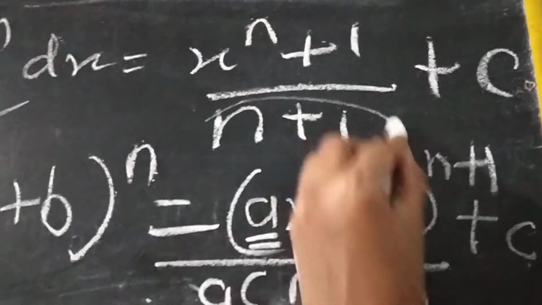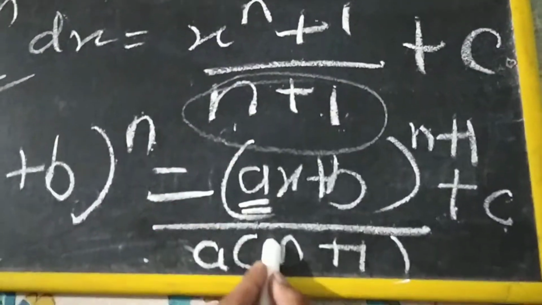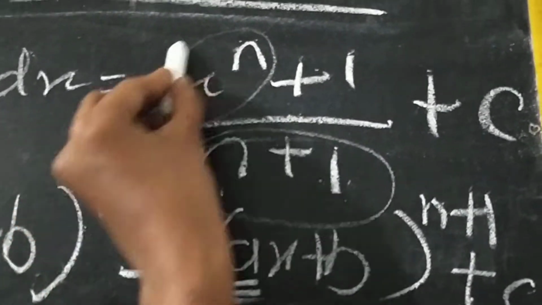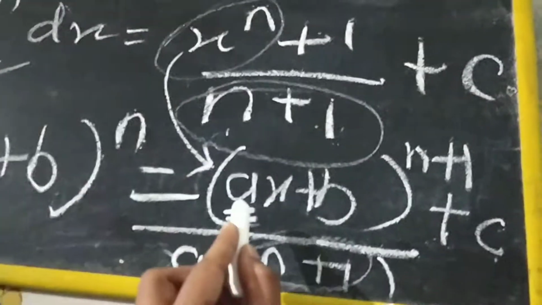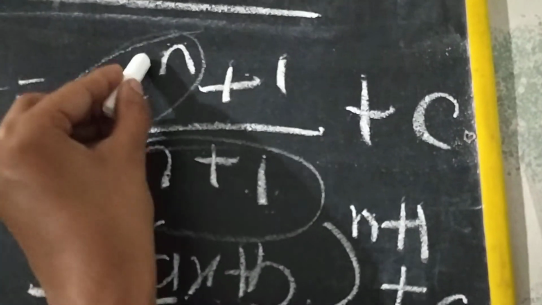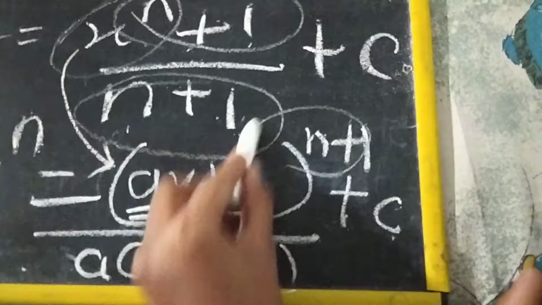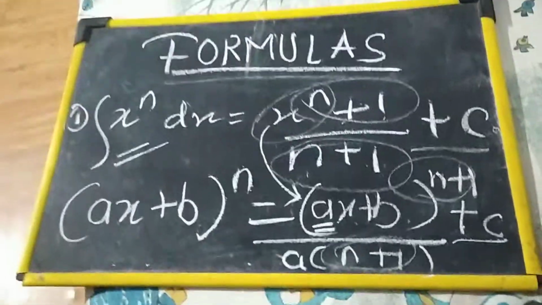Everything else is the same: x raised to n plus 1, n plus 1. Here x is substituted by ax plus b, raised to n plus 1, upon n plus 1 plus c. So this is your first formula.